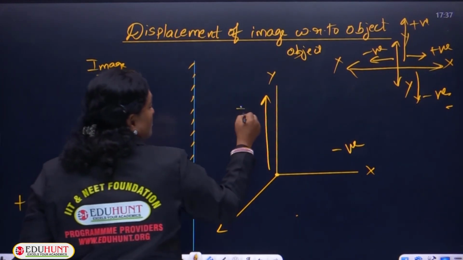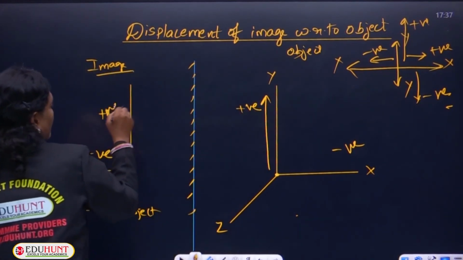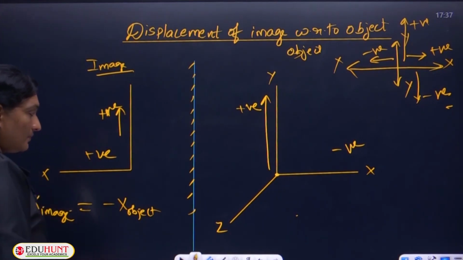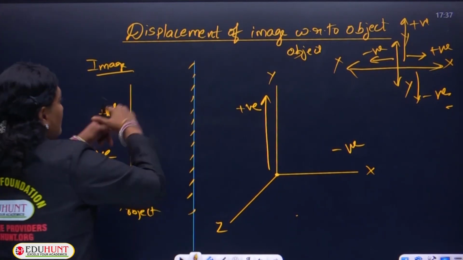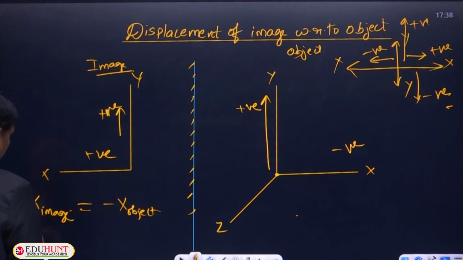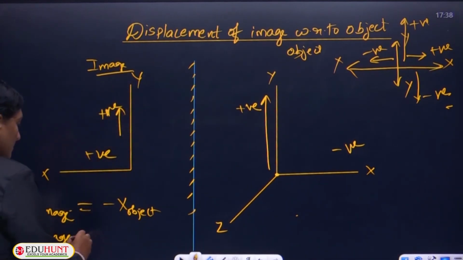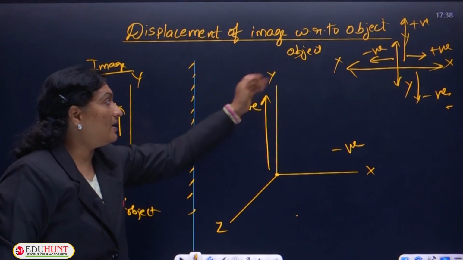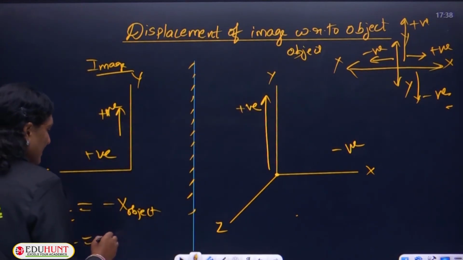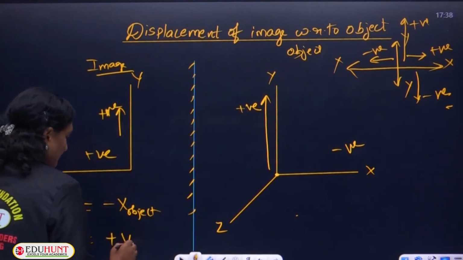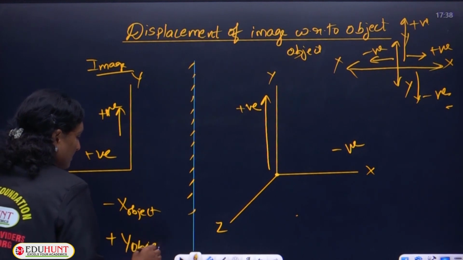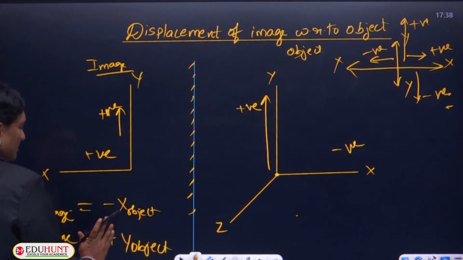So if this is positive, here also it would be positive. That means along the y-axis, the distance travelled by the image is positive, and the distance travelled by the object is also positive. So both are positive values, and there is no need to represent this.